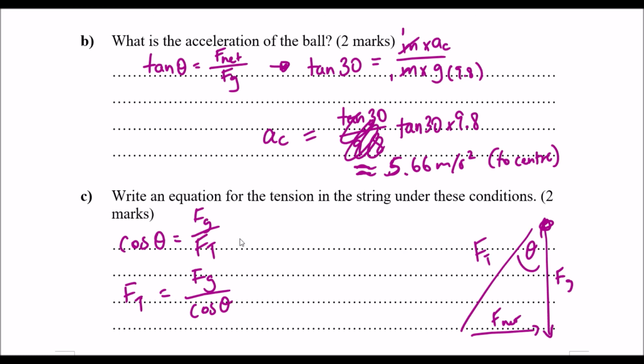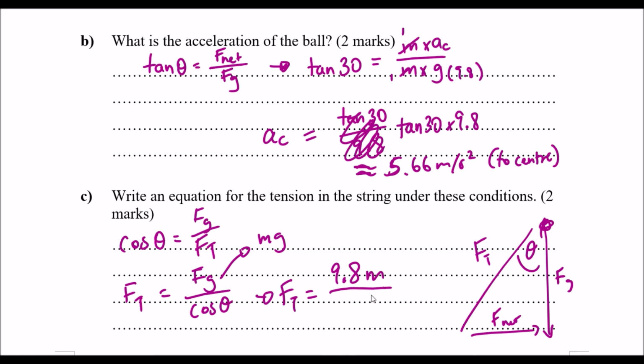Okay, let's just make sure I got this one right. Yep. So the tension force is expressed as 9.8 m over cos theta, because gravitational force, as we showed above, is mg, and g is 9.8.